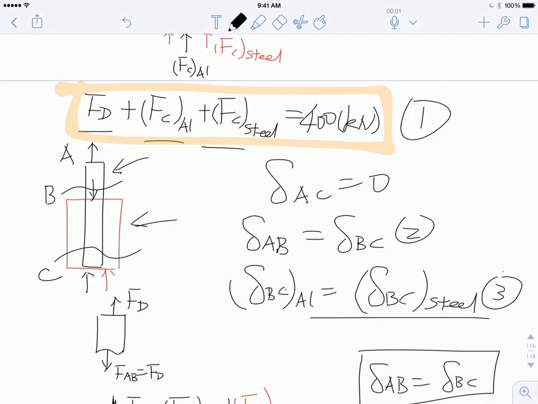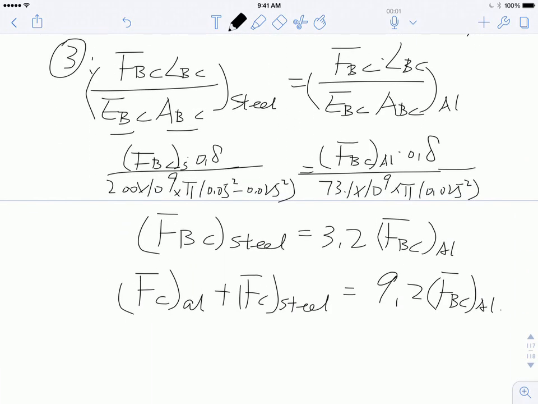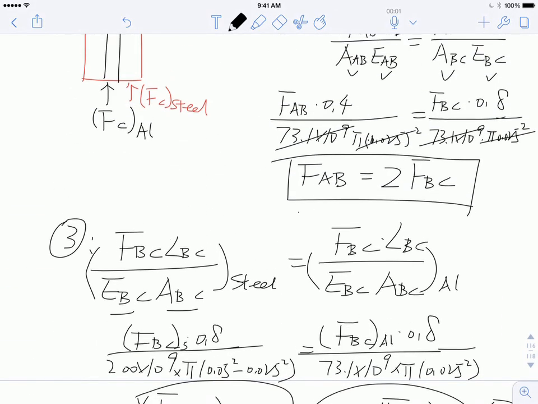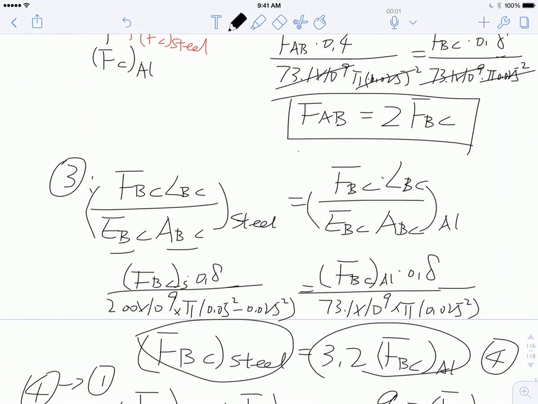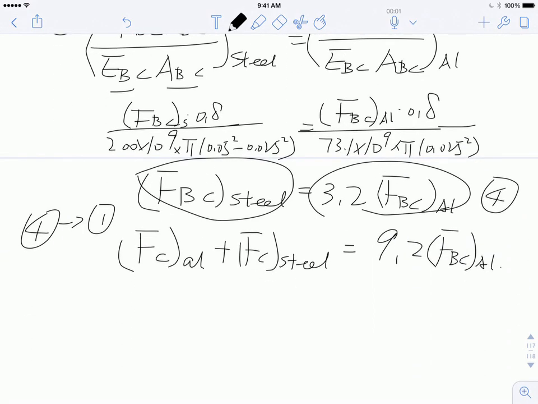So see here, F_C aluminum, F_C steel. Let's call this equation 4. Plug 4 back into 1. This is what you have. And then we also have this, let's say this is equation 5. Coupled with equation 5, you should be able to solve for all the unknowns.